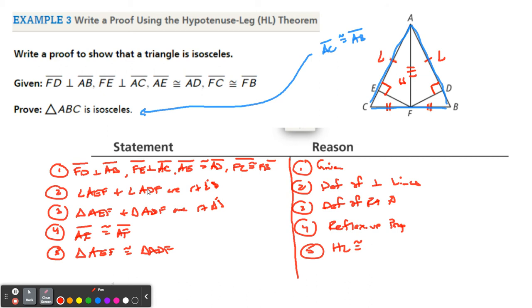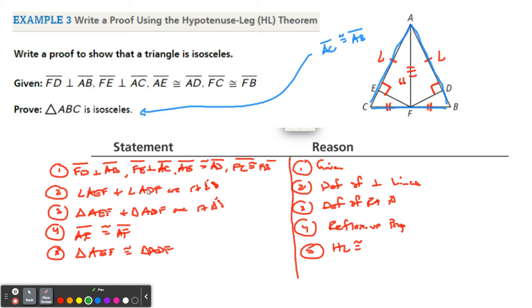So now, why would we prove that these two triangles are congruent? Well, to prove it's isosceles, we also have to prove that these bottom two triangles are congruent. So what this does for us is it gives us another pair of congruent things in those two triangles, right? It gives us EF and DF. EF and DF are corresponding sides in these top two triangles.